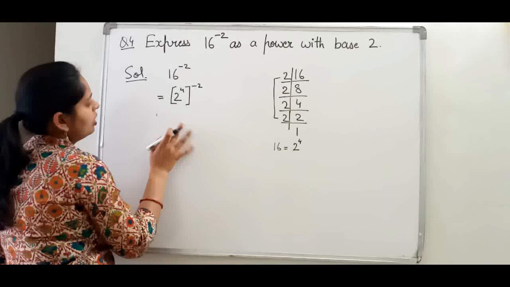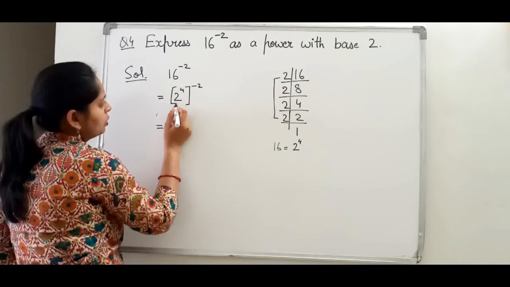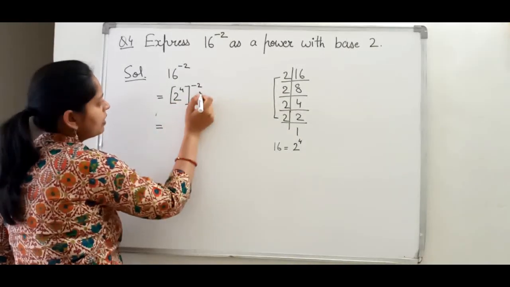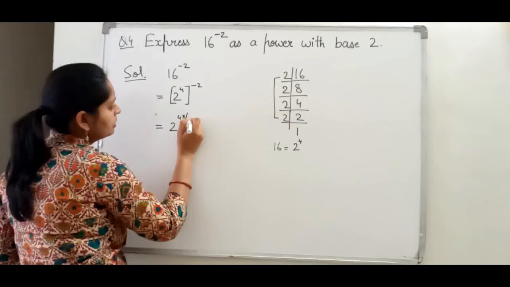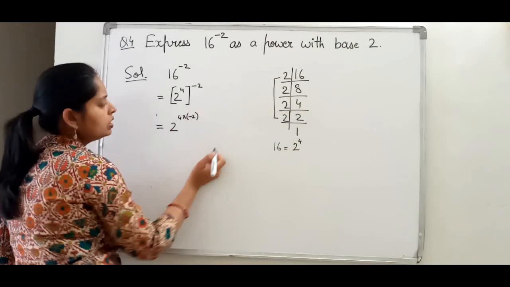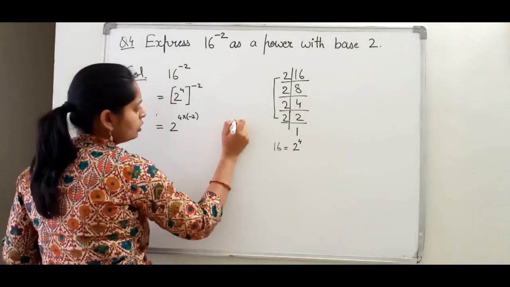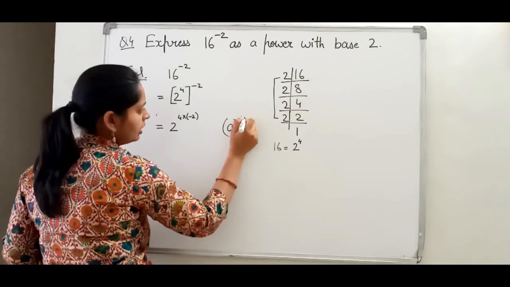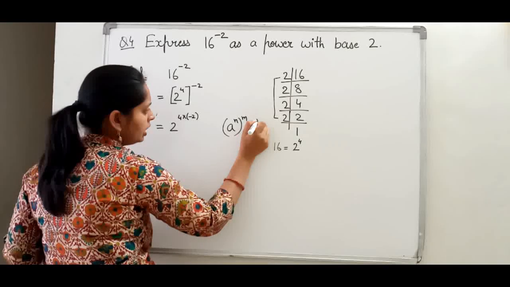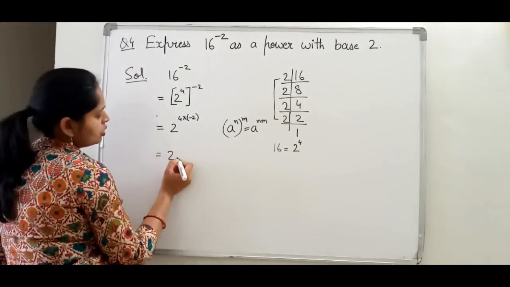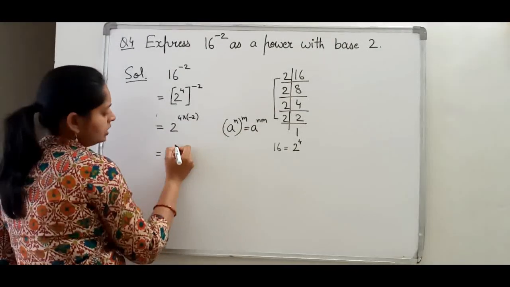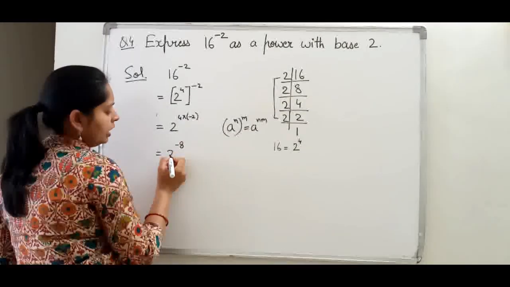Now (2^4)^(−2) will be equal to 2^(4×(−2)), because we have studied the law (a^n)^m is equal to a^(nm), meaning powers get multiplied. So your answer is 2^(−8), and 2 is the base.